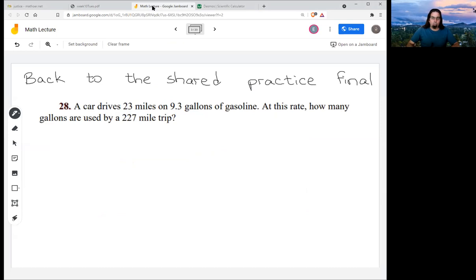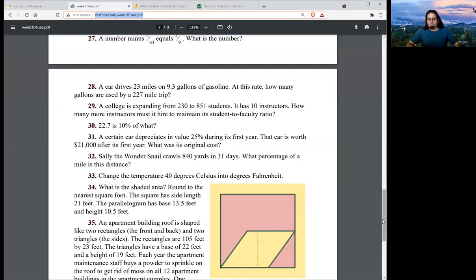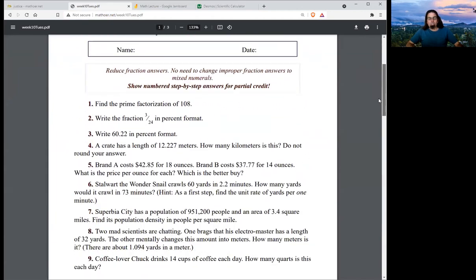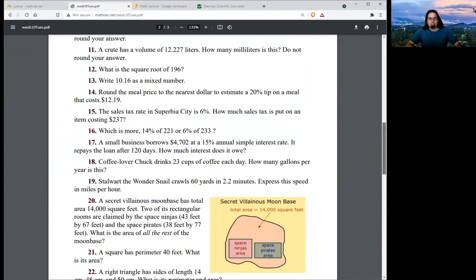So a car drives 23 miles on 9.3 gallons of gasoline. At this rate, how many gallons are used on a 227-mile trip? So just sort of a heads up before we go into this. So far in the practice test, things sort of went in the order that we saw them in class.